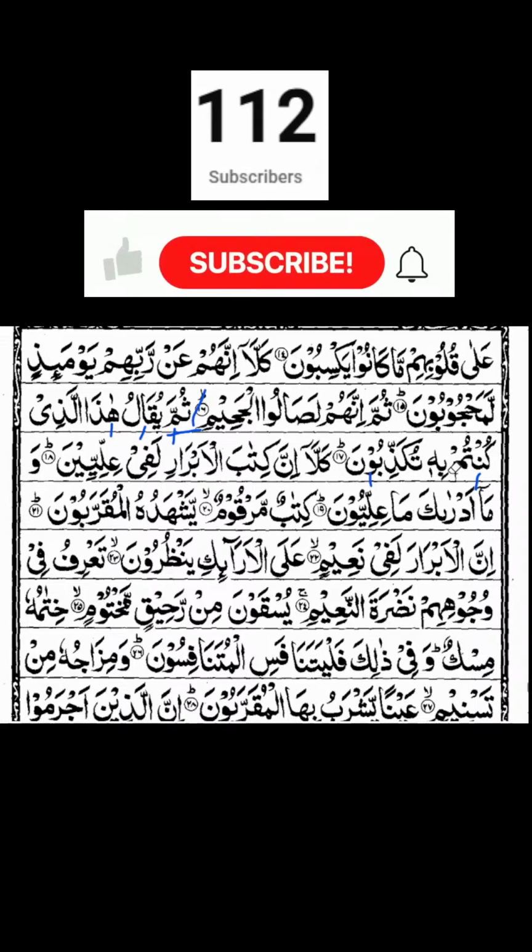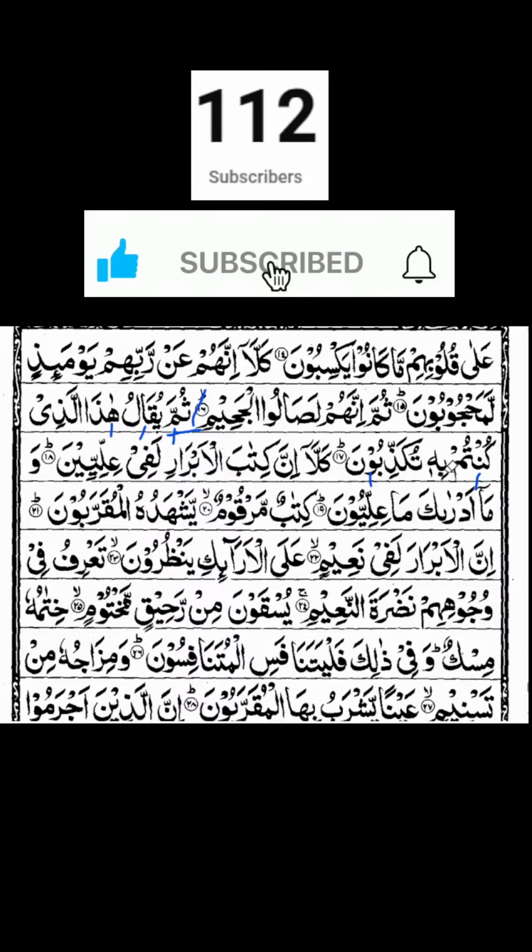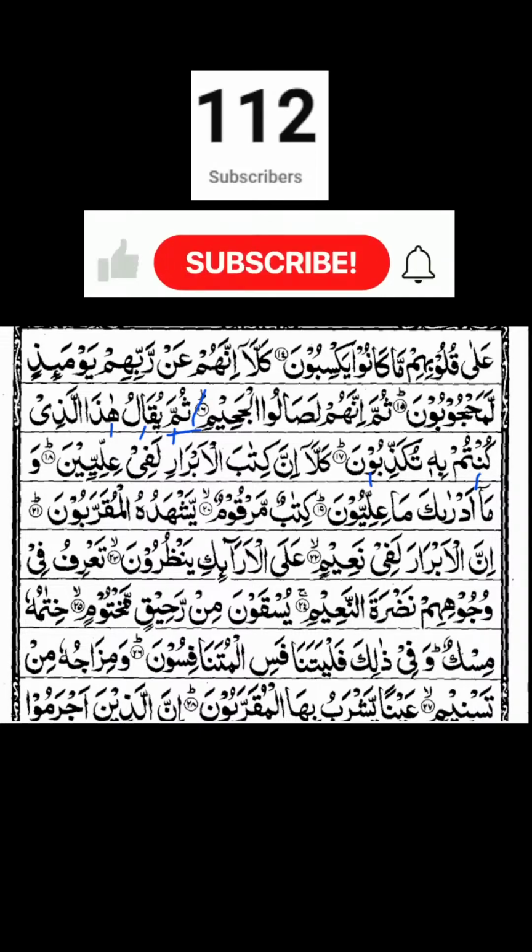If we are stretching any letter, or if we are doing gunnah, there should be reasons, and if we know the reasons, it will be helpful for us to understand why we are reading like that. So these are the basic things.